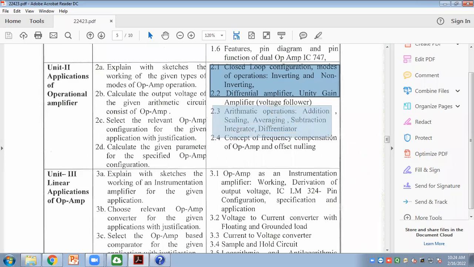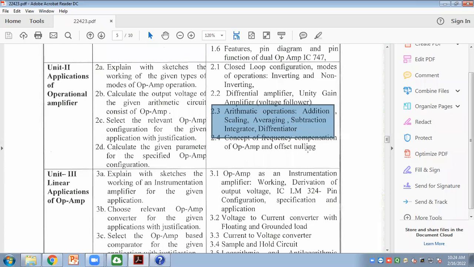Under 2.3, we are going to study the arithmetic operations, that is addition, scaling, averaging, then subtraction, integrator, differentiator. This part we are going to study using the IC 741.